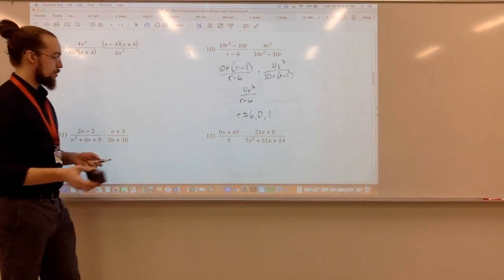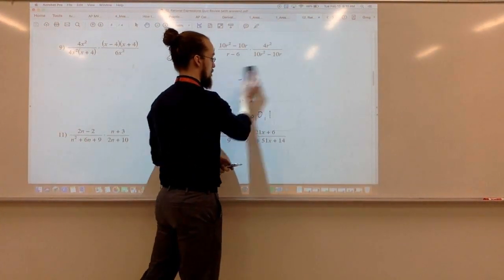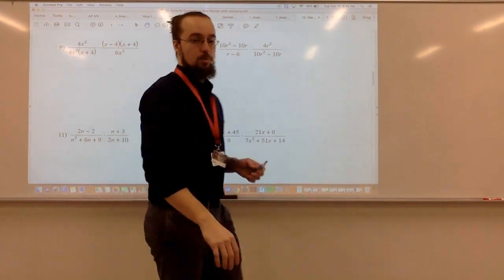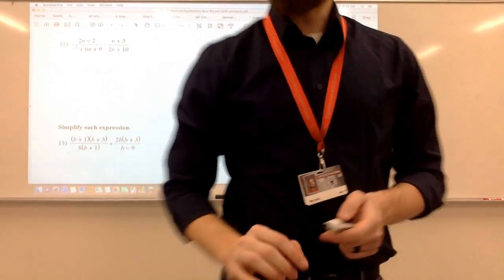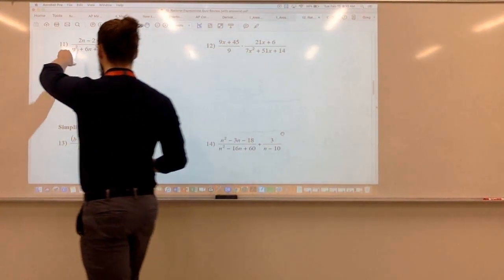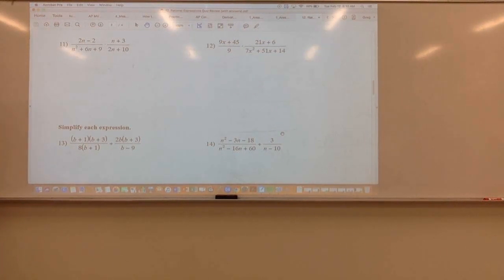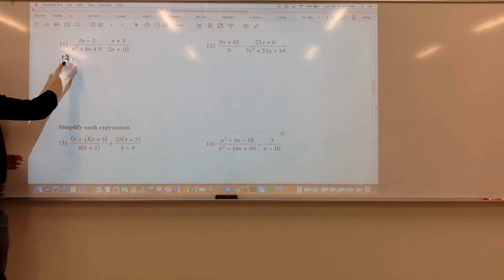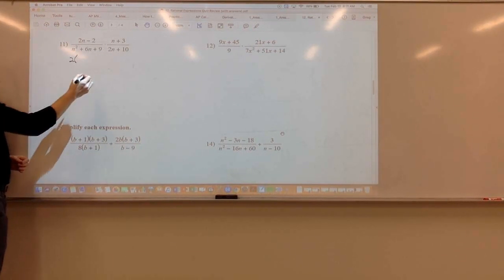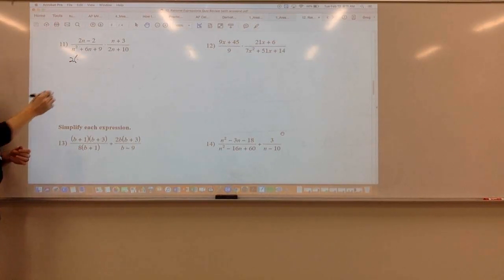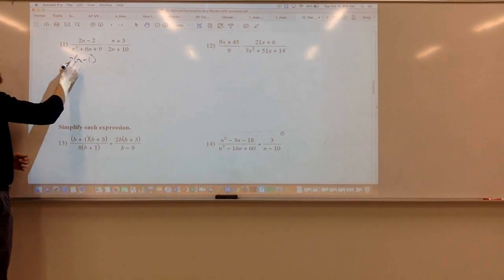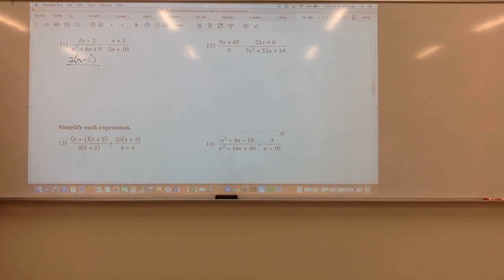On the next one, again, we'll have to do a little bit of factoring here. So 2n minus 2, can I do anything with that? I can take a 2 out of both of those. So what am I left with then? N minus 1. How about in the denominator here, n squared plus 6n plus 9?